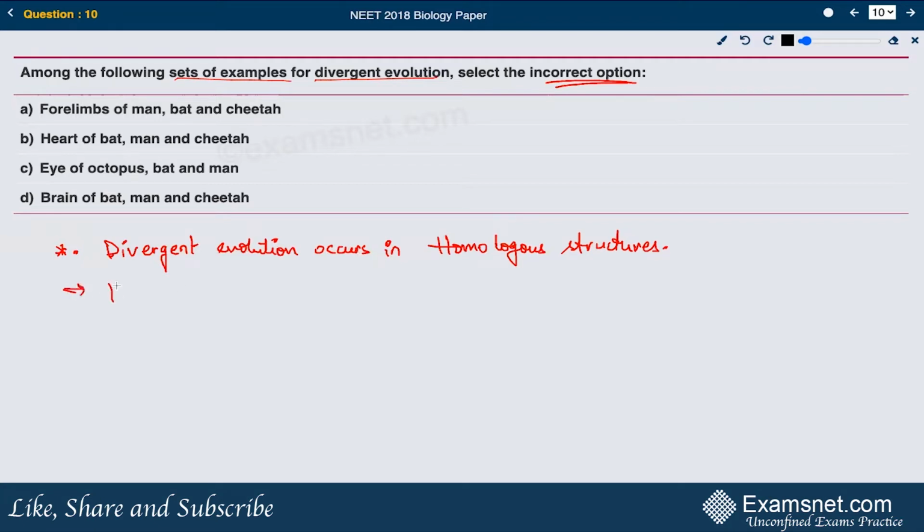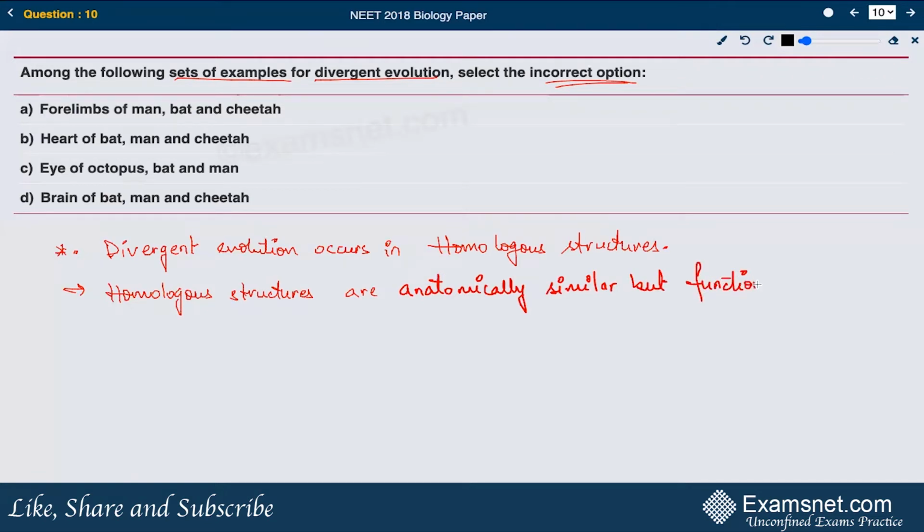So, we can say that homologous structures are, not morphologically but anatomically similar but functionally different.